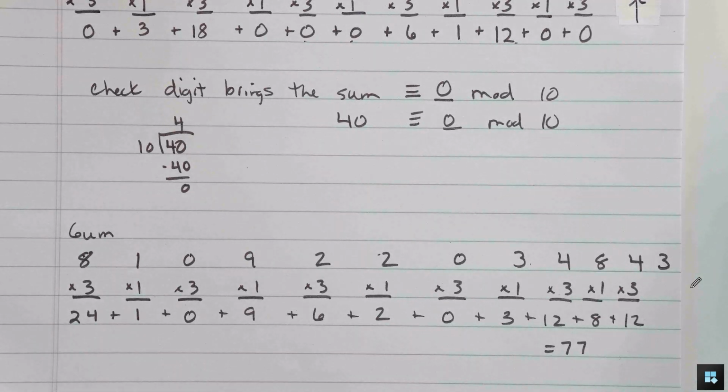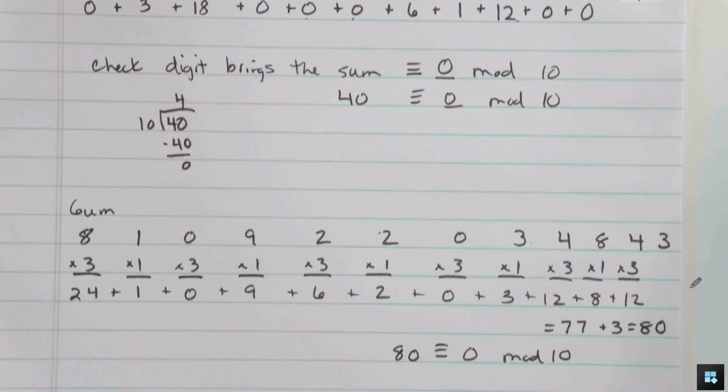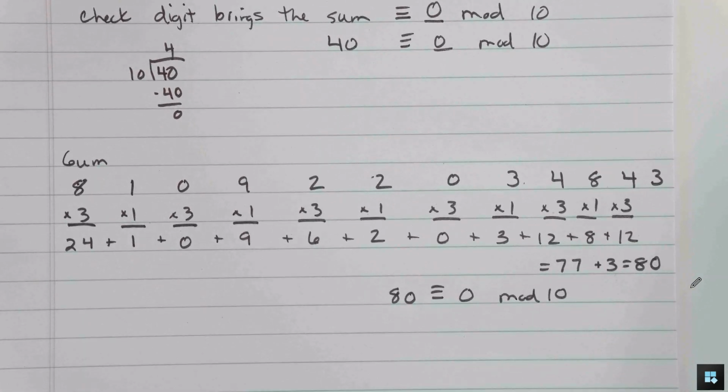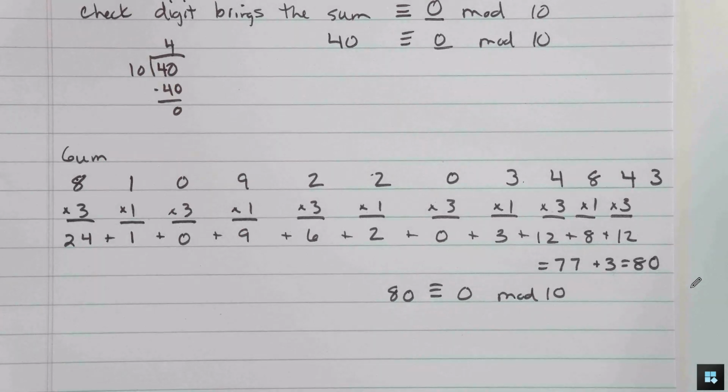You know, everything that's equivalent to 0 mod 10 ends in a 0, right? Okay, because we're looking at multiples of 10. So if it's evenly divisible by 10, which is what we need, then you have to end at a 0. So that's why they picked 3, because now we have 80, which is equivalent to 0 mod 10. So in other words, you need this multiplying scheme to come out to end in a 0, and that's how the check digit's chosen.